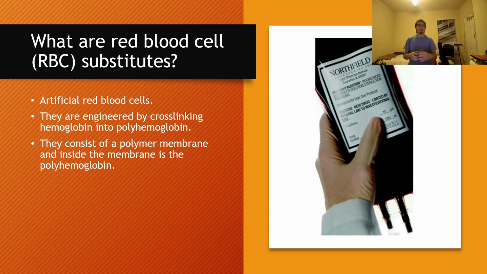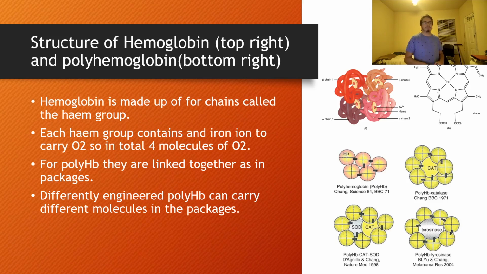What they make is polyhemoglobin. So they get hemoglobin, and then they produce even more of it, and they could even produce a protein polymembrane. So that's basically what they do: they try to multiply huge amounts of it.